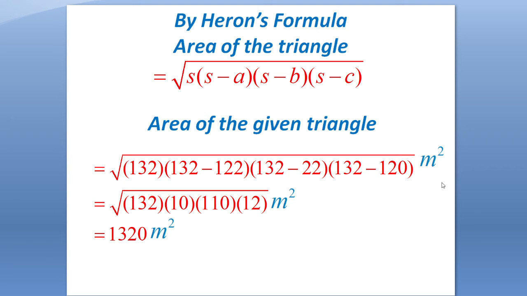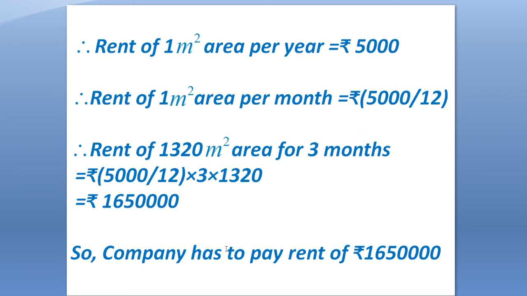So it is equal to 132 into 10 into 110 into 12, which is equal to 1320 meter square. Now the rent of 1 meter square area per year is 5000. Therefore the rent of 1 meter square area per month is 5000 divided by 12.